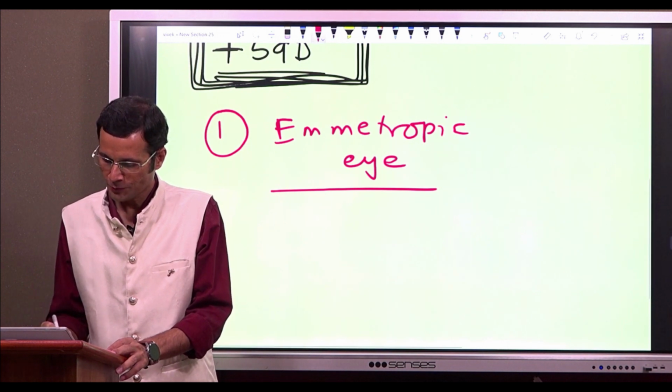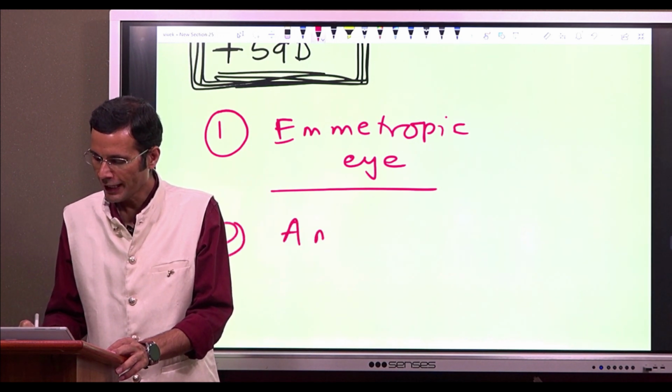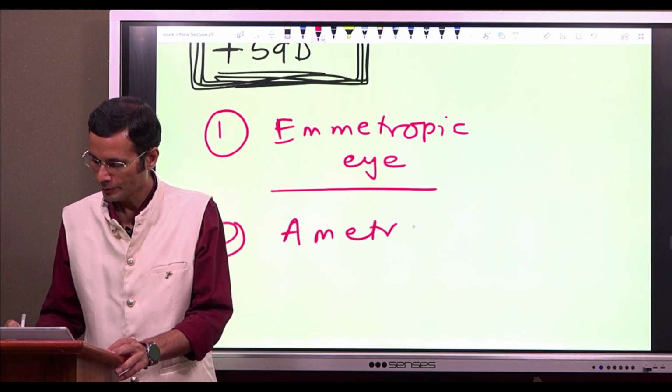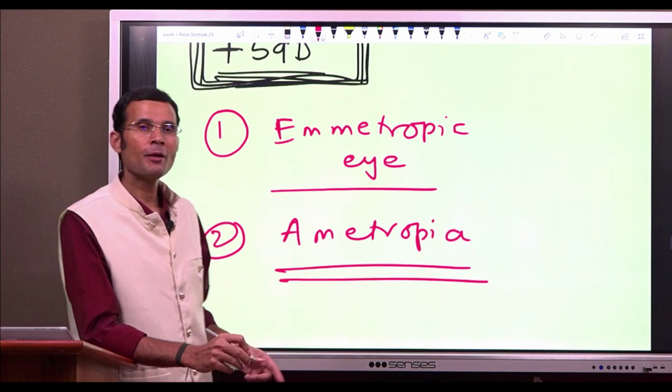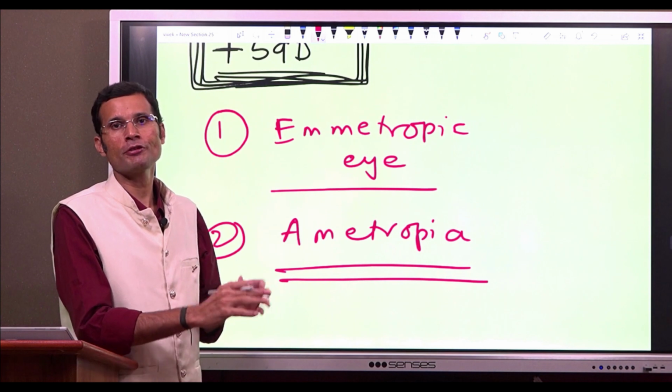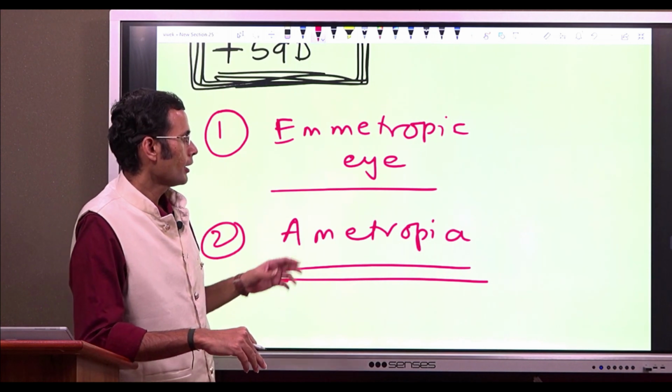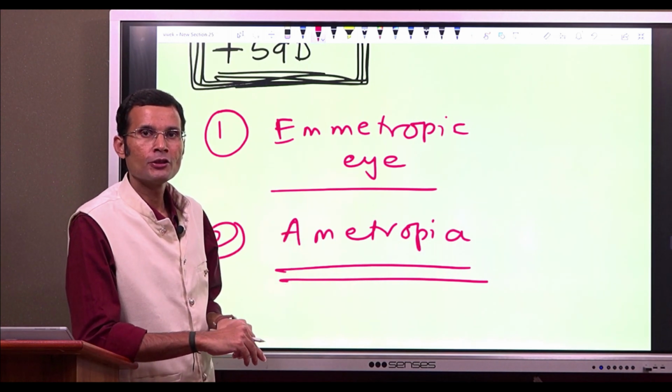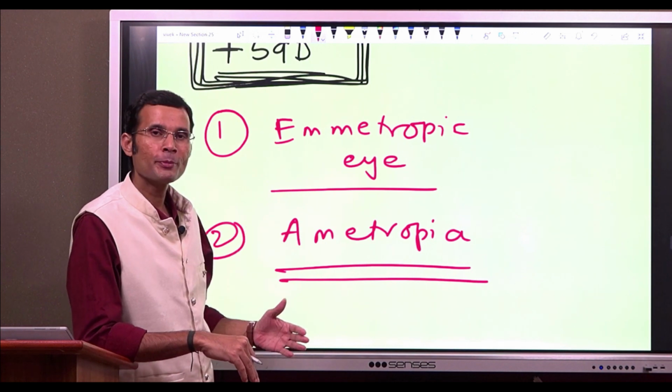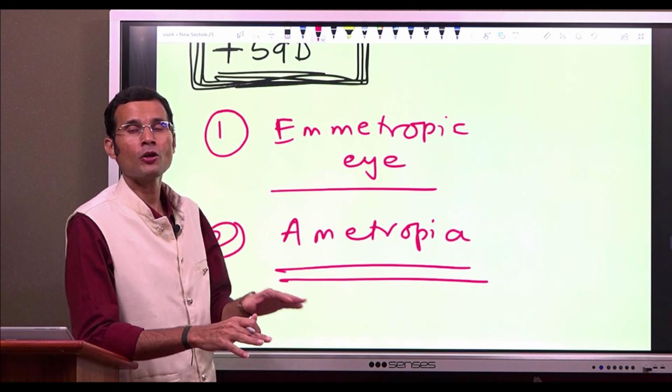Whereas, what is ametropia? Ametropia means when there is an error of refraction, so that image formation does not occur on the retina.